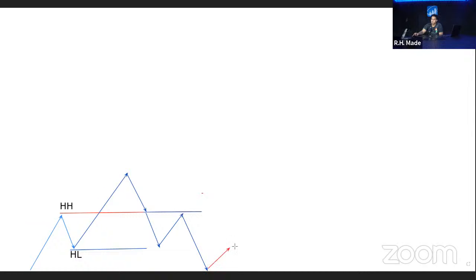You're still going to have a bullish bias. You're still going to be looking for a buy. Just keep that in the back of your head while you're trading: when it retests, it can and will either retest off the higher high or the higher low.